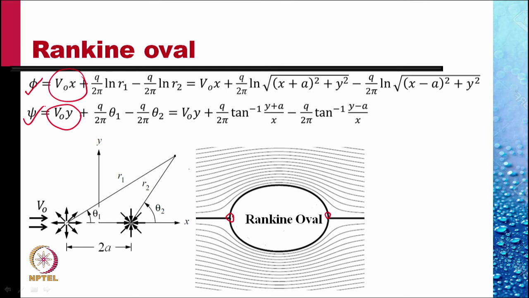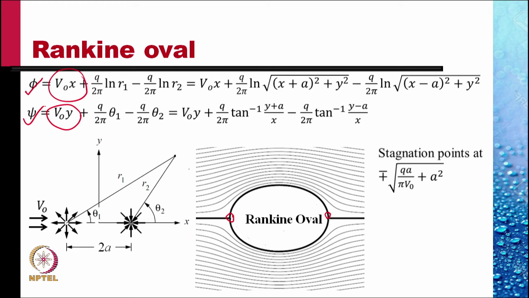We can do all the algebra, we can find the location of the streamlines, we can find out the pressure coefficient about this body. The stagnation points are at minus plus under the root of qa by pi V0 plus a square.